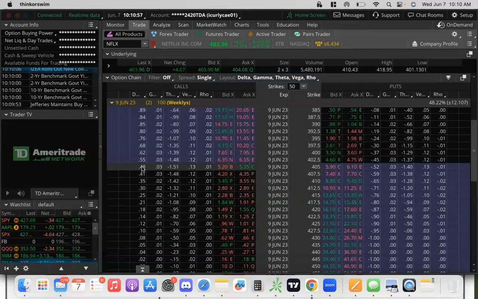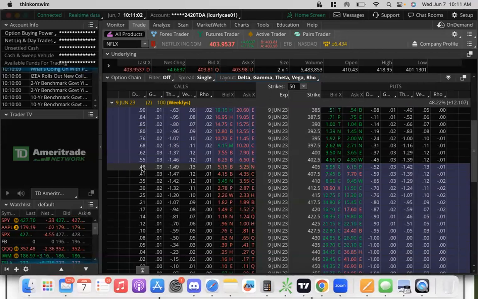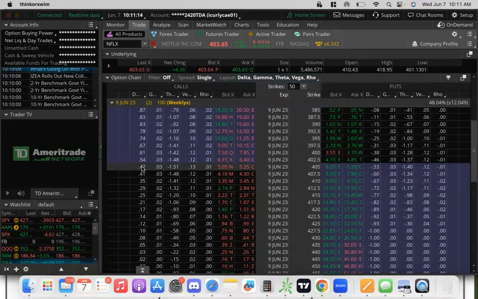Now, because it can move so much, average true range wise, or ADR wise, average daily range wise, this is the reason why we can actually opt for this, especially if we're day trading, because we're not really holding that position too long anyways. We're in and out when we're day trading.